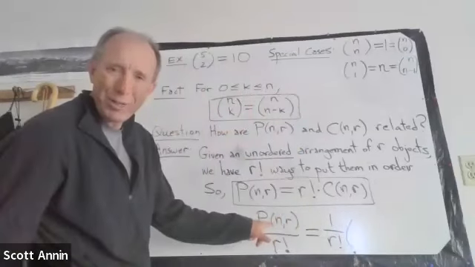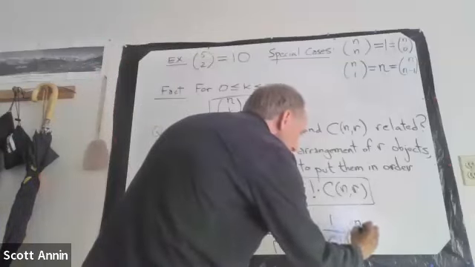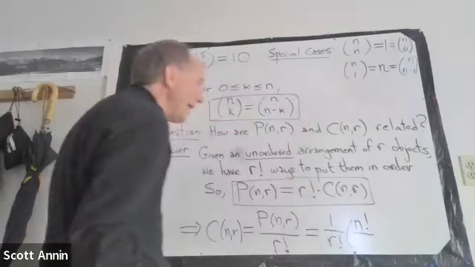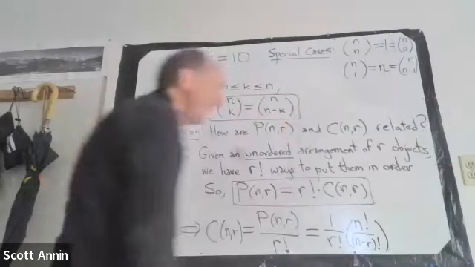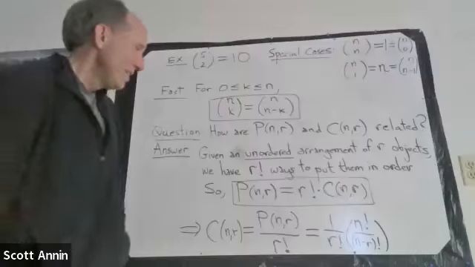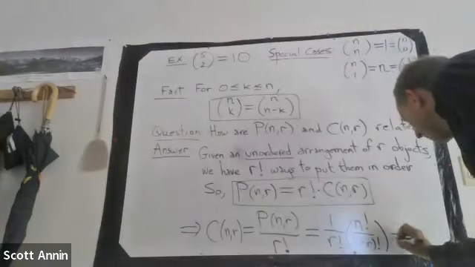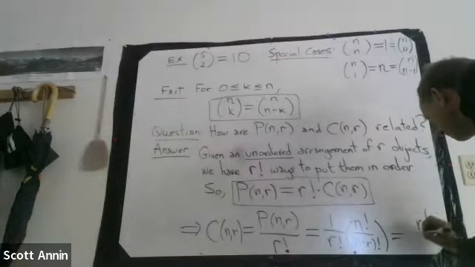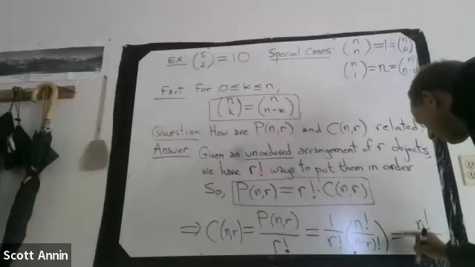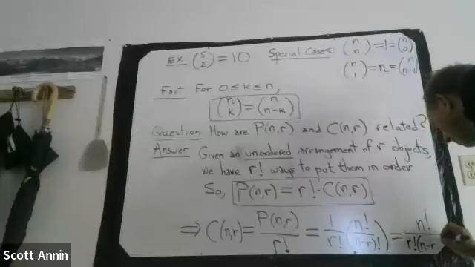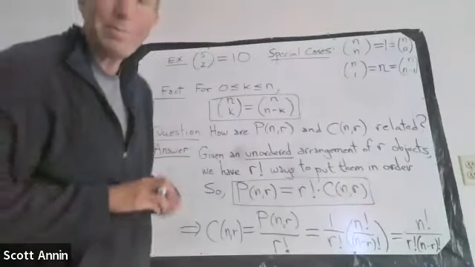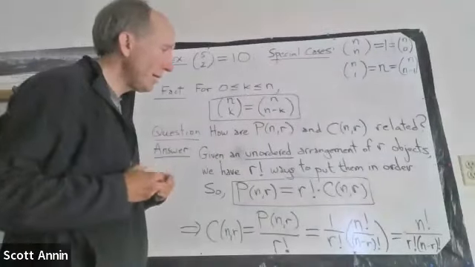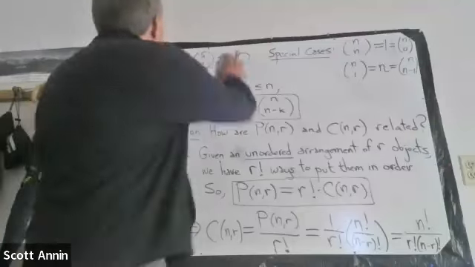You may remember the formula for P of N, R. It's just N factorial divided by N minus R factorial. Okay. So this, my friends, is actually a numerical formula. This is giving me now a numerical formula for the number of R combinations of an N element set. Okay. Hopefully that makes sense so far.